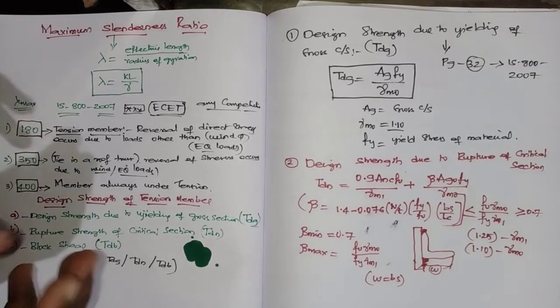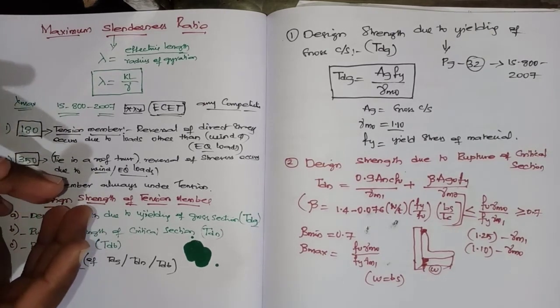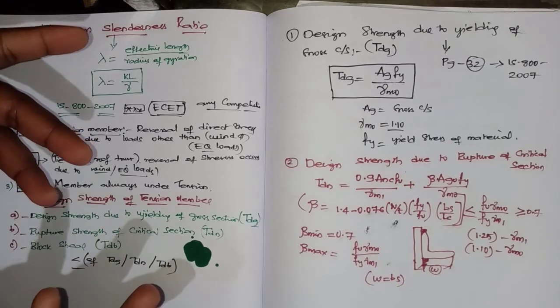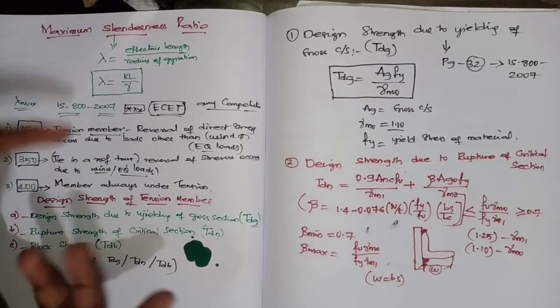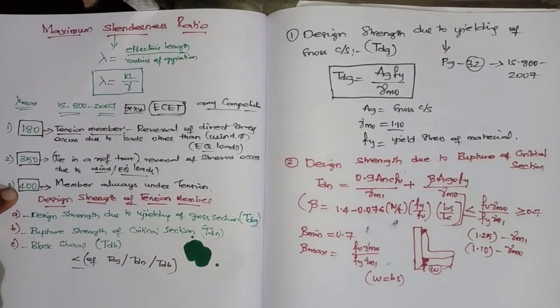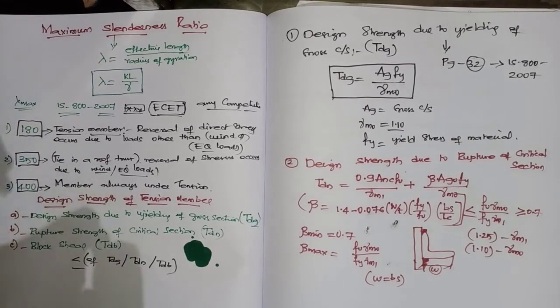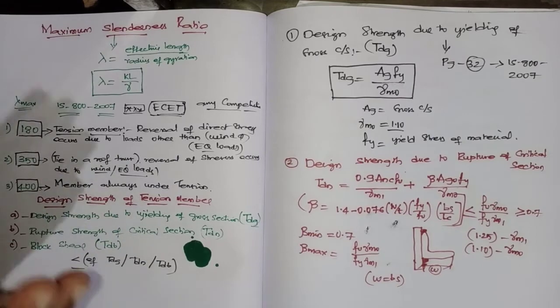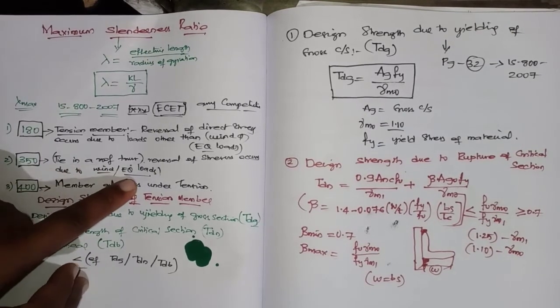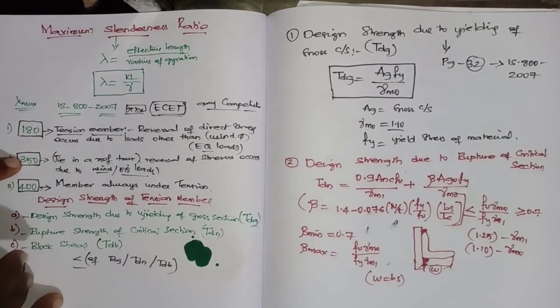A member which is always under tension, where reversal of stresses does not occur, will have a maximum slenderness ratio of 400. A tension member where some reversal of stresses may occur due to wind or earthquake loads will have a maximum slenderness ratio of 350.